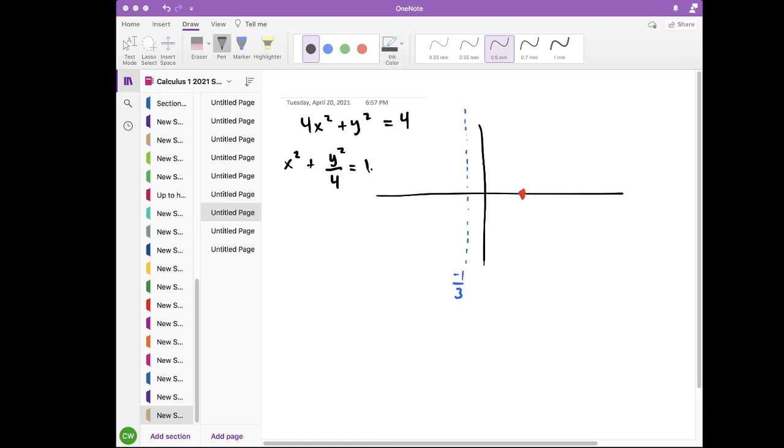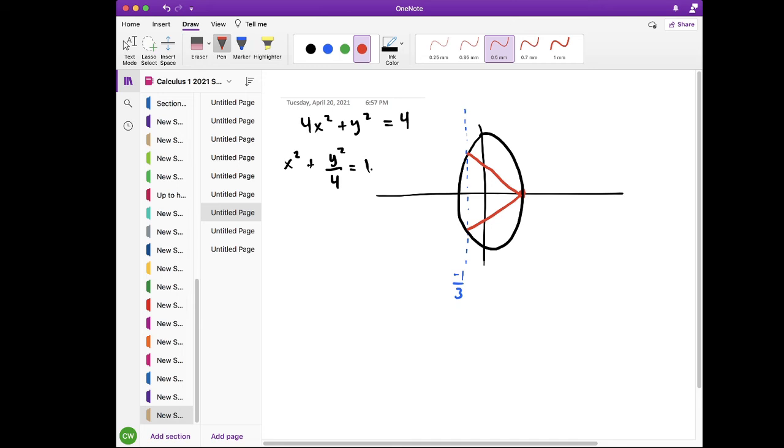Okay, so the ellipse is actually more like an egg, so it kind of looks like this. All right. Yeah, the y value has the bigger axis. So these are the points that are furthest away.